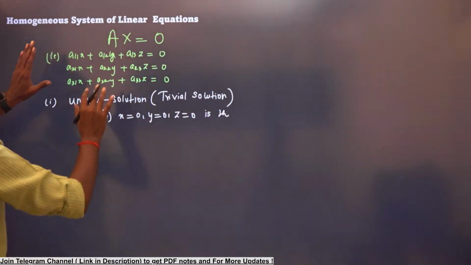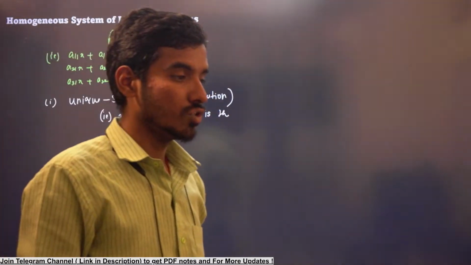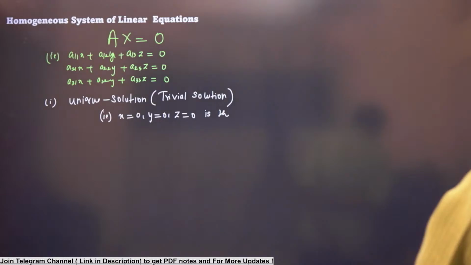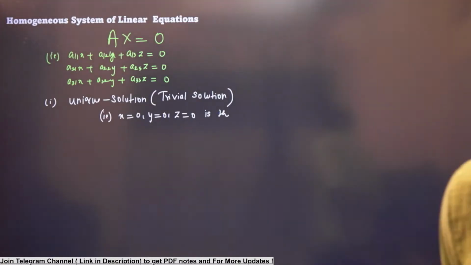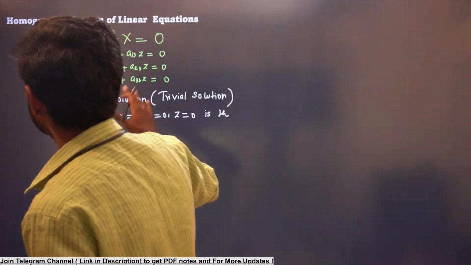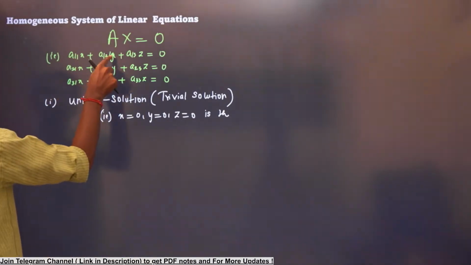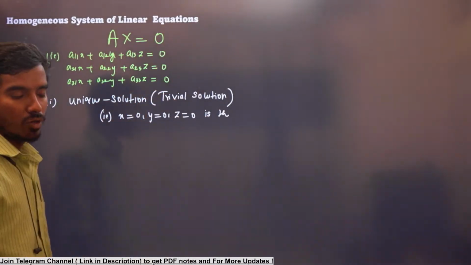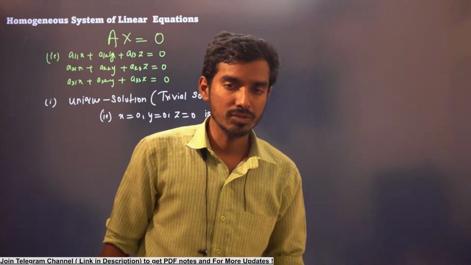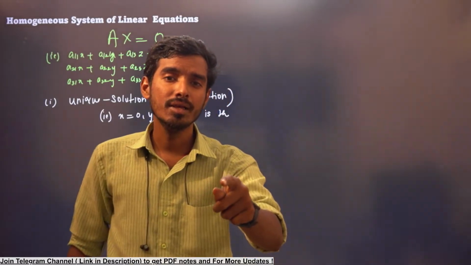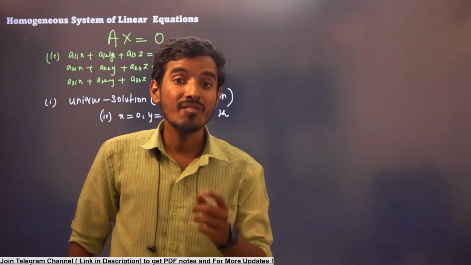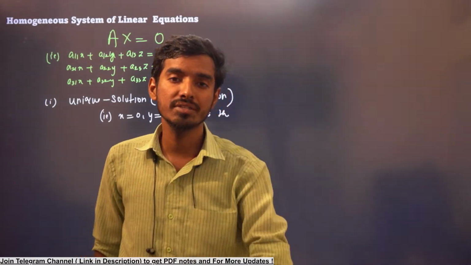See, 0, 0, 0 is always a solution, yes or no? When you put x, y, z equal to 0, everything will be equal to 0. So that solution is called the trivial solution. Whenever you have a unique solution, that solution has to be the zero solution whenever your system is homogeneous.